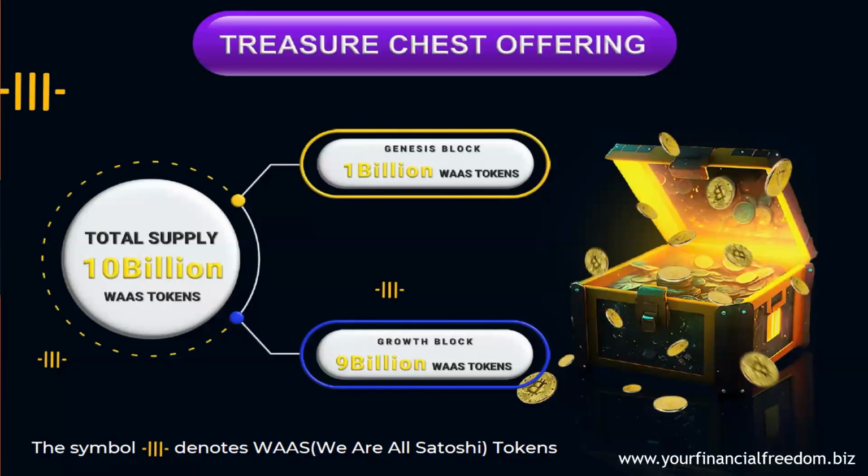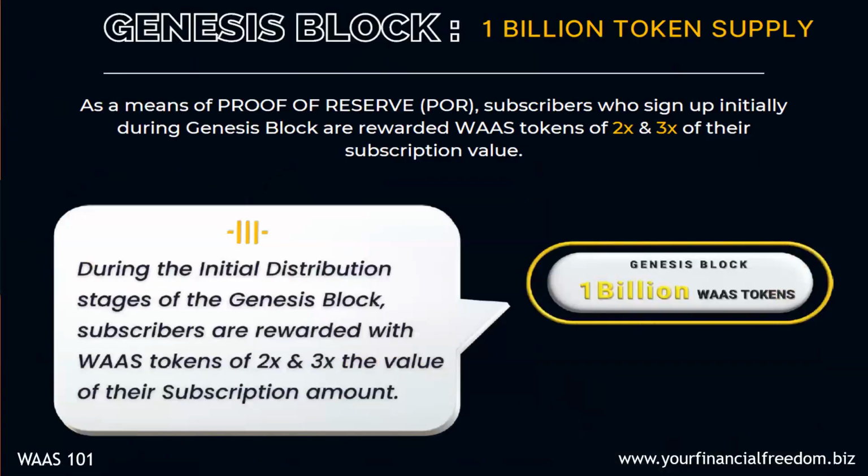We are still on the Genesis block, where 1 billion tokens would be released. Now, the Genesis block will have 2 phases. We are on the first phase, which is receiving 2x for every purchase that we make.